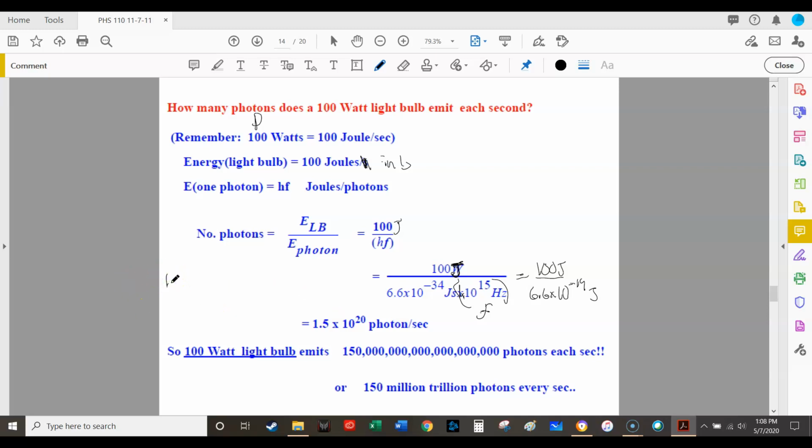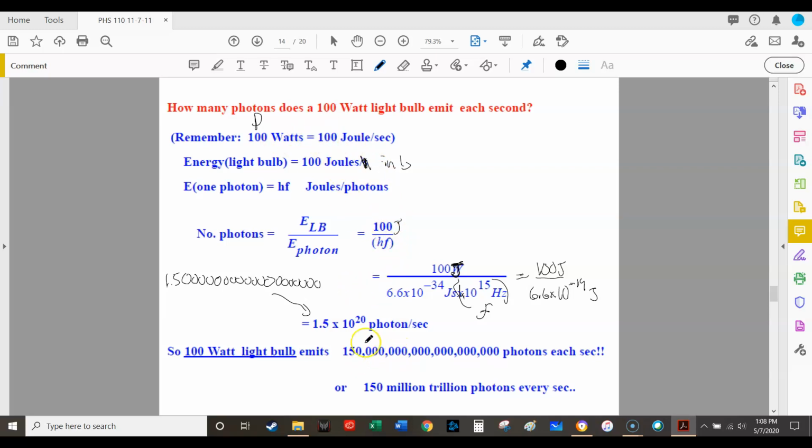So that's 1.5 followed by 1, 2, 3, 4, 5, 6, 7, 8, 9, 10, 11, 12, 13, 14, 15, 16, 17, 18, 19, 20. Photons. This is the number of photons coming out every second from a 100-watt light bulb, right?